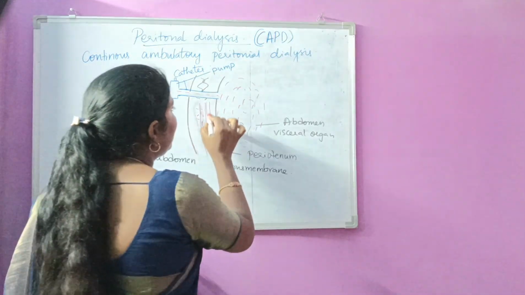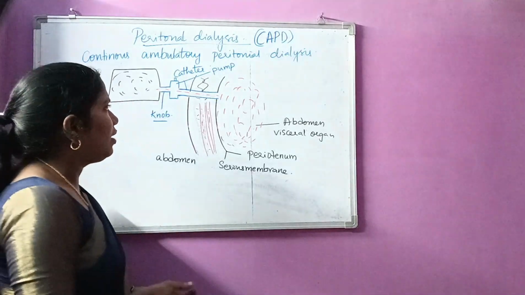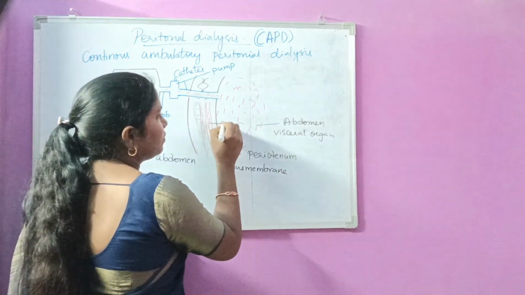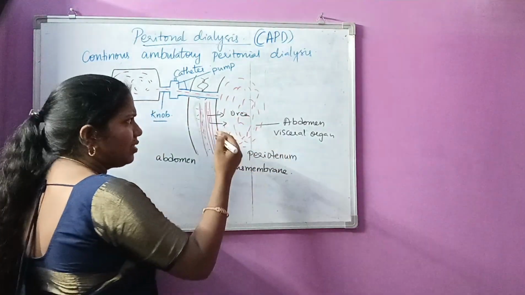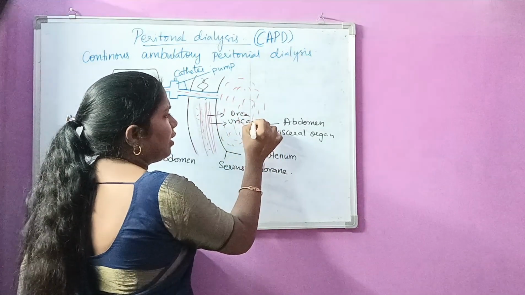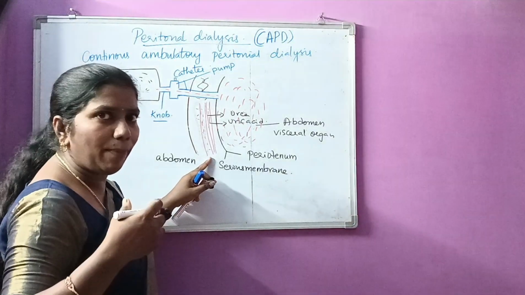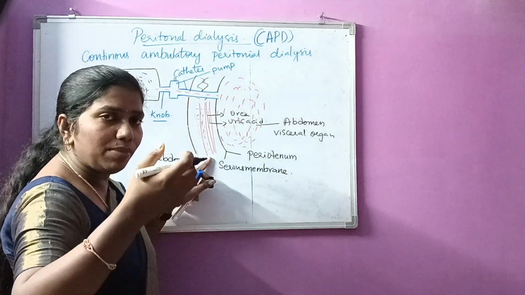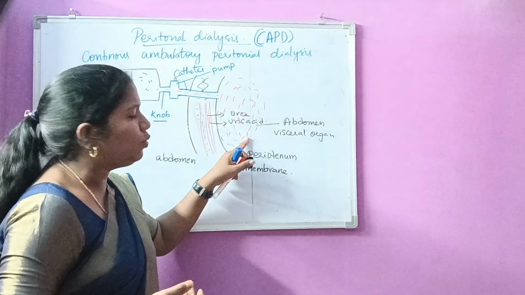So whatever waste is present in this blood now starts coming into this fluid, for example urea and uric acid. That means within the muscular walls of the abdomen, the blood supply is there, and from that blood supply the waste products get deposited into this fluid.